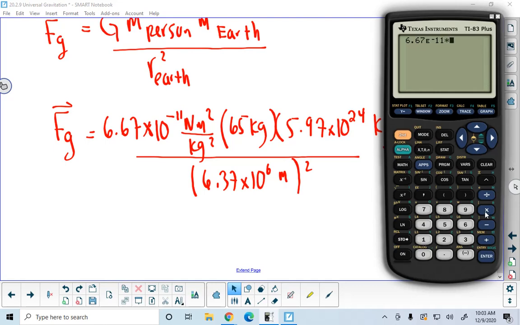Times the mass of the person, times the mass of the Earth, which is 5.97 multiplied by 10 to the 24, divided by 6.37 multiplied by 10 to the 6 squared. This is exactly how you enter it. You do not need to put brackets.